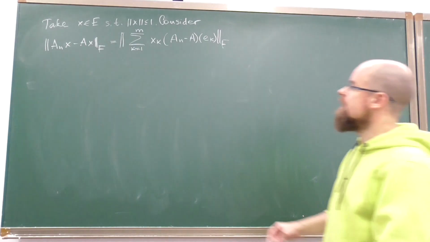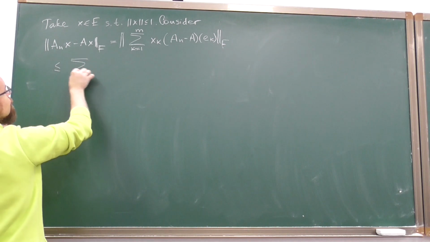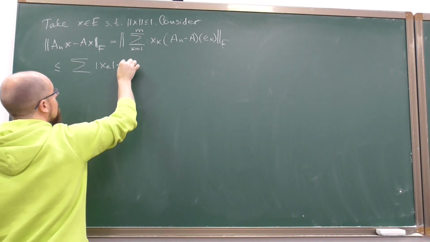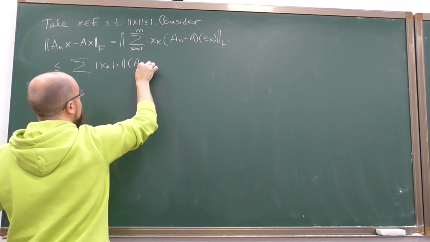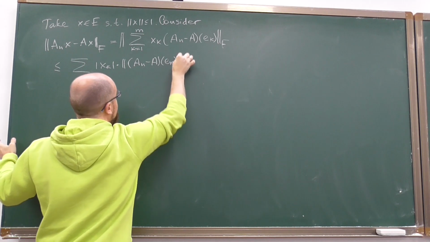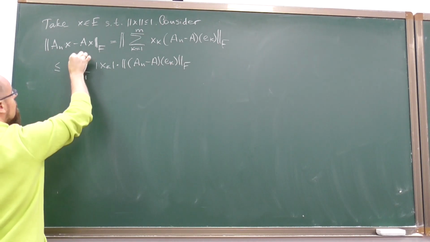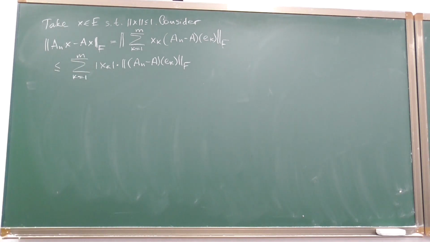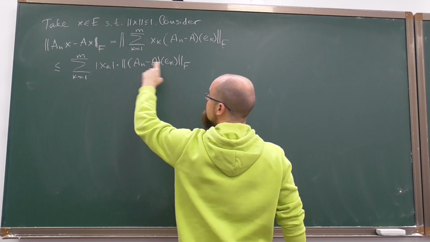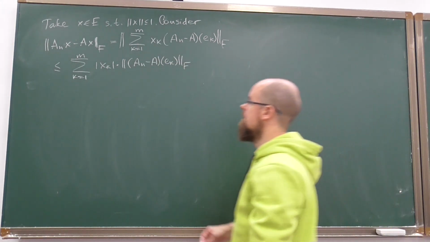Now I will use the triangle inequality to write it like this. And now, instead of every norm like this, I will take the maximum of all of them.